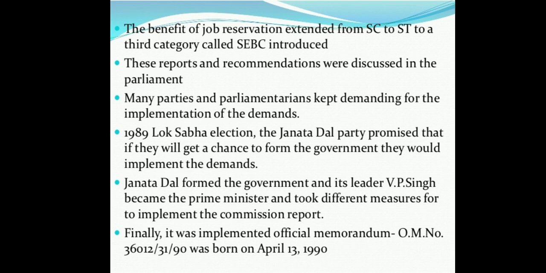In the 1989 Lok Sabha election, the Janata Dal Party promised that if they got a chance to form the government, they would implement the demands.